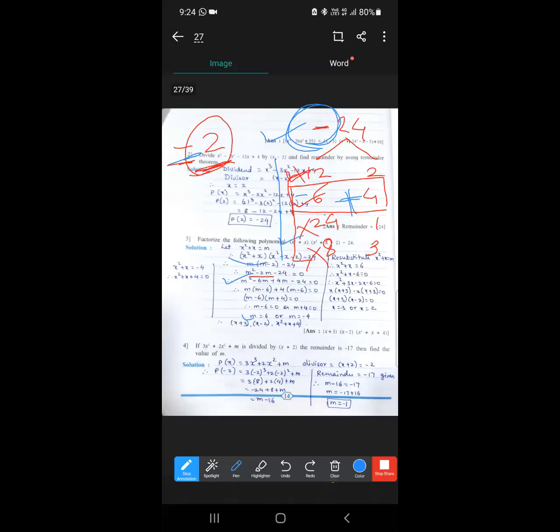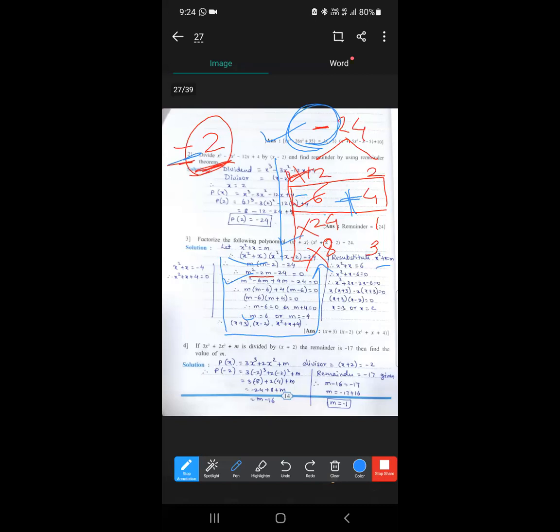That is the re-substitution: x square plus x is equal to m.